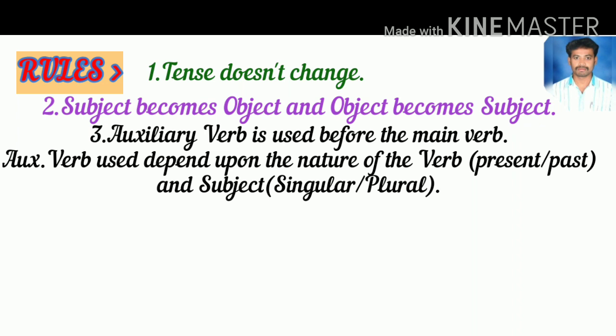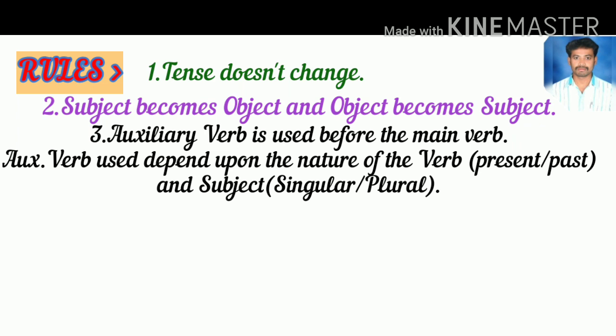Then I'll move to the third one. Auxiliary verb is used before the main verb. Look at there. Auxiliary verb used depends upon the nature of the verb, that is, the present tense or past tense. Here we are going to observe the main verb, whether it is in the present tense or in the past tense, and on that basis we take the auxiliary verb.